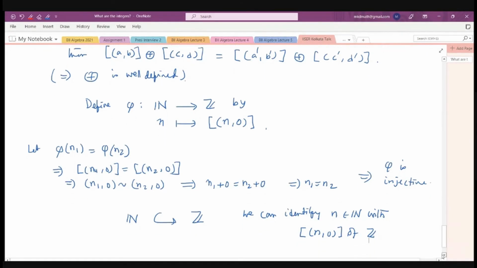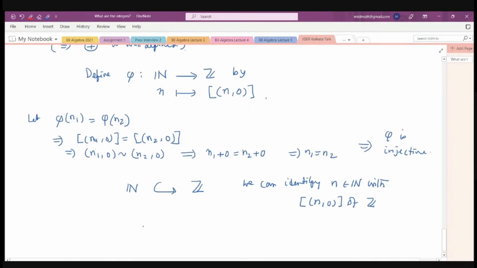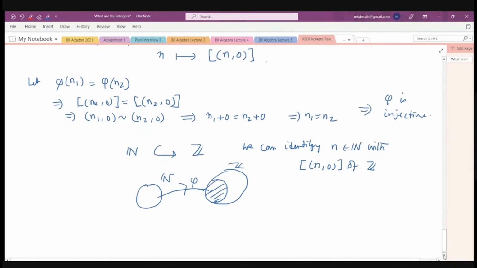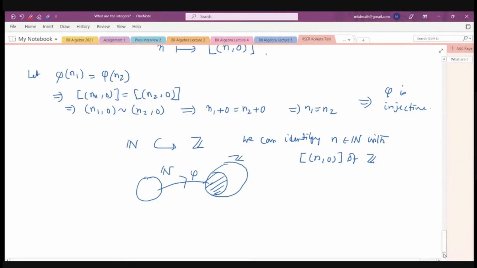If you like pictures, what is happening is that I have this N and I have this Z and I have this map phi, and here is the image of phi. So N is sitting inside Z, and I'll make this identification that the class of (n, 0) of Z, I can write it as just n because of this identification.